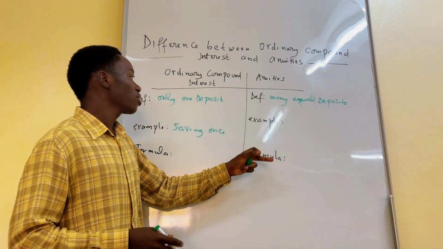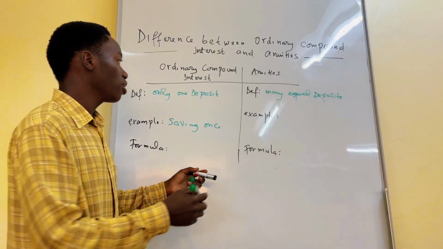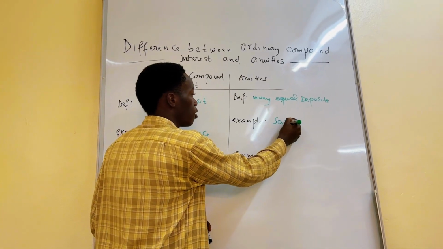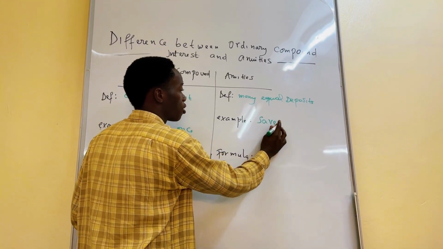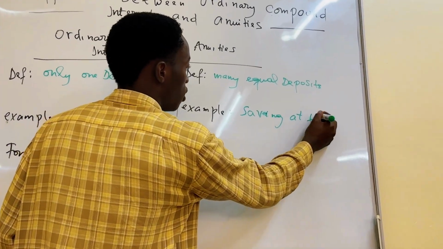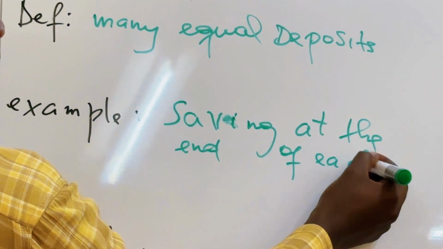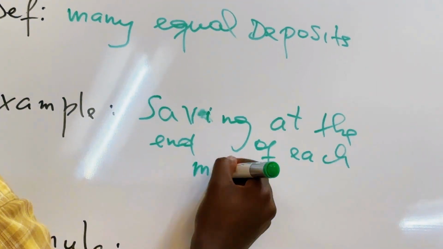For annuities, an example is saving at the end of each month.